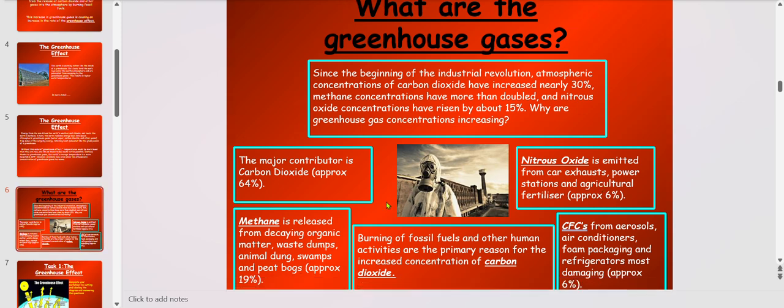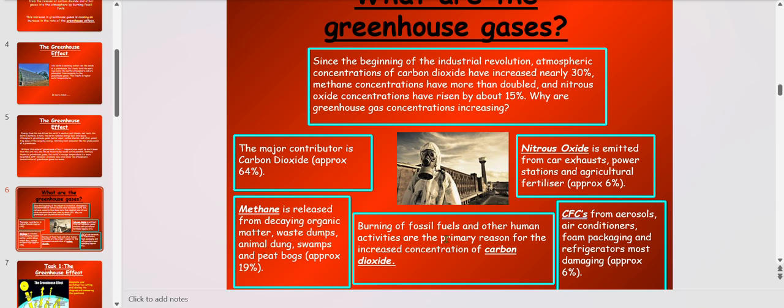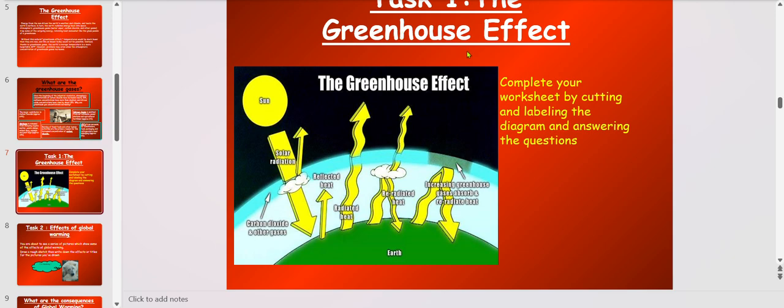Then comes methane, and obviously carbon dioxide, where burning of fossil fuel and other human activities are the primary reason for this gas emission. Then CFCs, chlorofluorocarbons, which come from aerosols, air conditioners, foam packaging, etc. The next slide will be on the greenhouse gas effect.